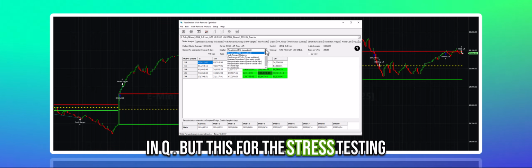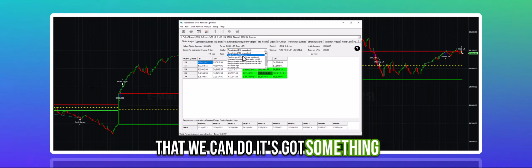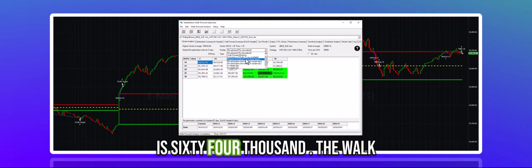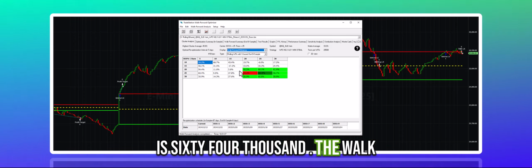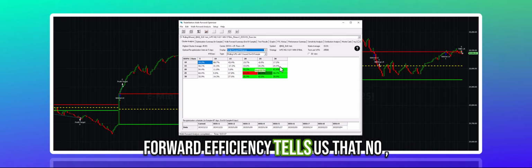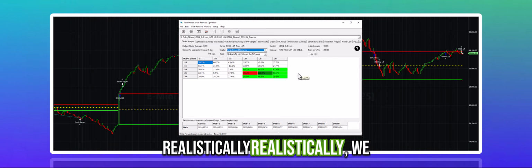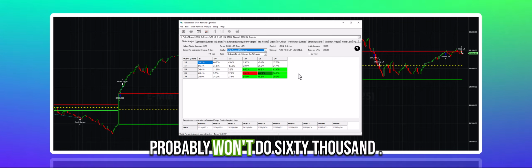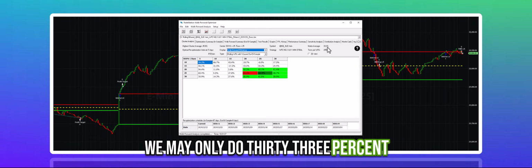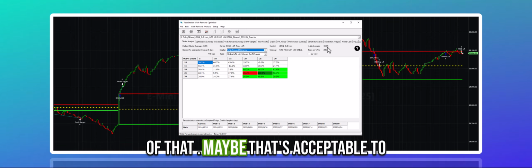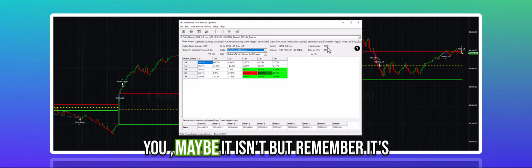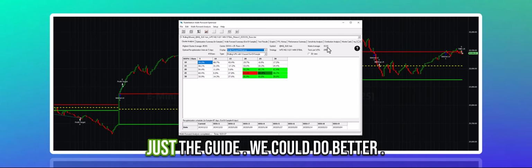But there's further stress testing that we can do. Now remember that number is 64,000. The walk forward efficiency tells us that, no, realistically, we probably won't do 60,000. We may only do 33% of that. Maybe that's acceptable to you. Maybe it isn't. But remember, it's just the guide.